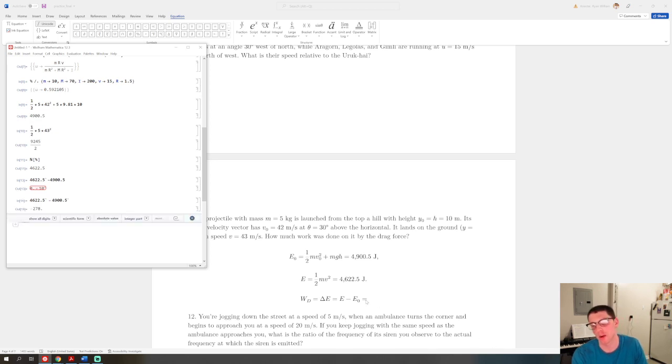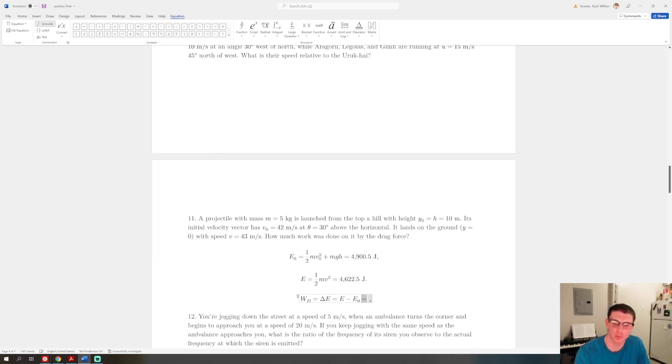There we go. It's about negative 278 joules. And that's what we would expect, right? Because the drag force basically can only do negative work because it's always opposing the instantaneous velocity of the projectile, right? So it's just comparing the initial and final mechanical energies and then noting that the difference must be accounted for by the work done by the drag force.